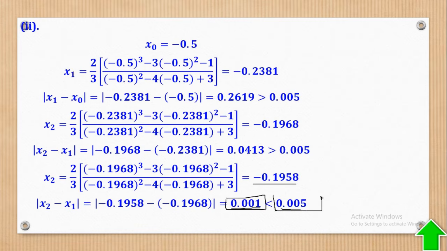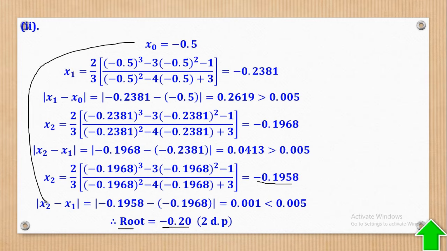Now when it is less than the tolerance, that means you have to stop and round off the very last value of x to the required accuracy. So when I round off this to two decimal places, I'll come up with the root as negative 0.20. So this is what we call a better approximation of the root. So that is how we use the Newton-Raphson method. So basically that's what they wanted.